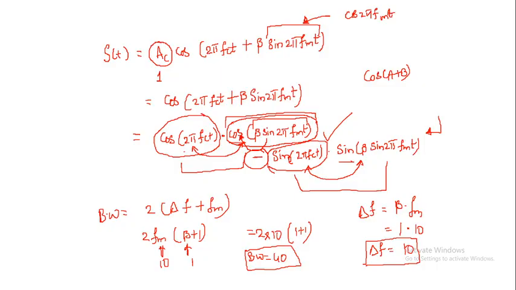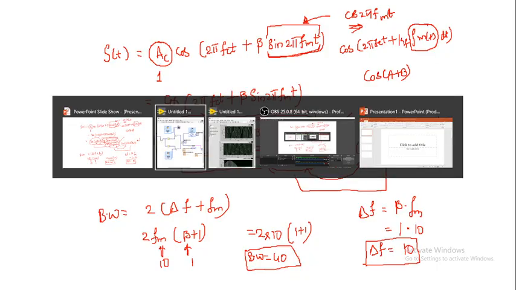Because if you closely observe the equation of FM, cos 2 pi fct plus kf integration m of t dt, we need to perform this integration. So if my signal here is sine 2 pi fmt, that means my original signal is cos. Okay, so we will try to plot that and see.